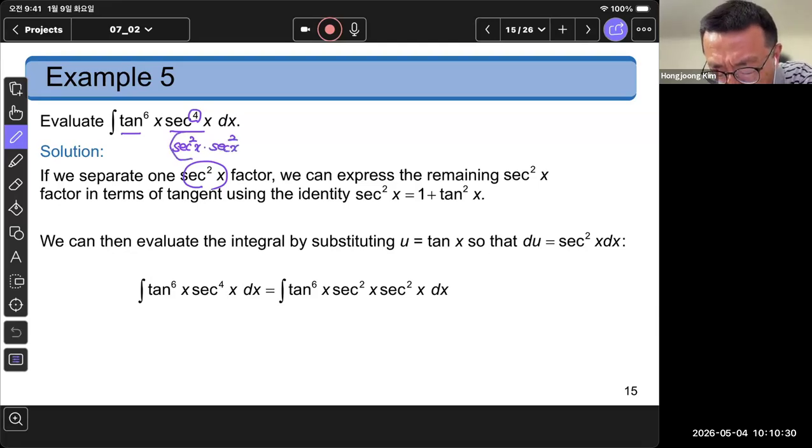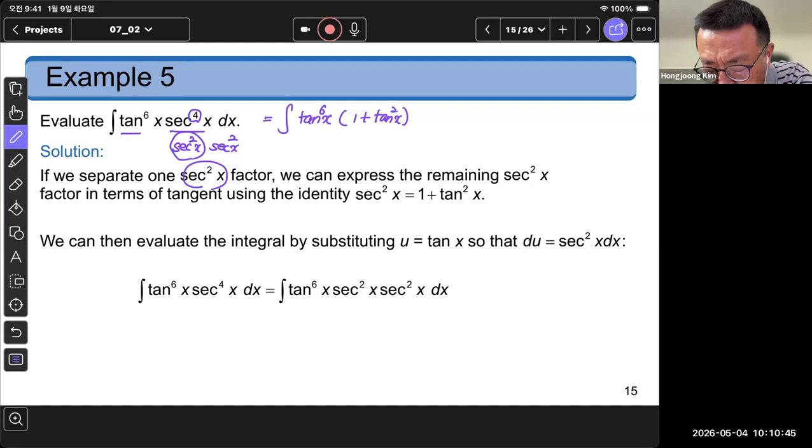The first secant x squared will be replaced by 1 plus tangent x squared.